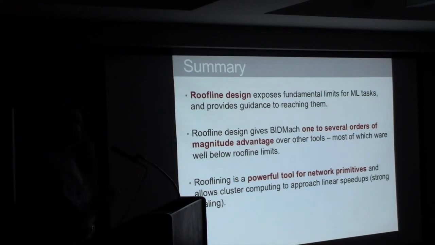The result is that we get one and sometimes several orders of magnitude over other tools. Part of the reason is that a lot of other tools haven't been designed consciously with roofline limits in mind, and there's a slippage that happens because of the relative inefficiency of common programming practices on big data. So rooflining is a powerful tool and allows you to get close to linear speedups in cluster computing.